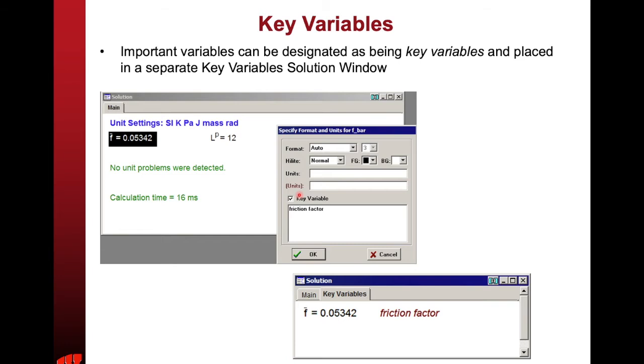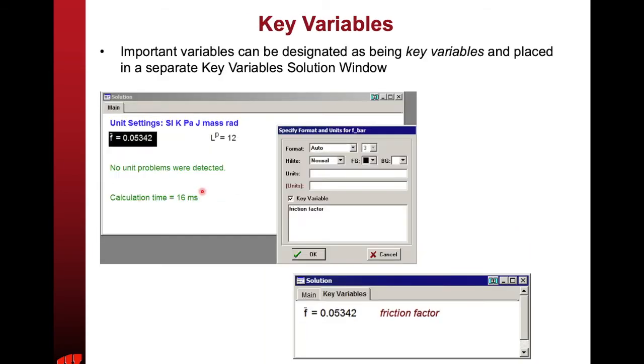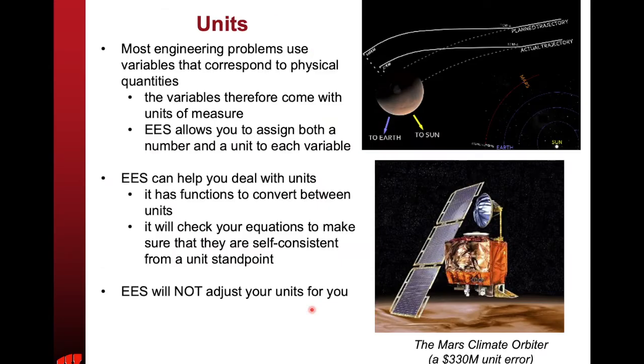This is one of the key things I'm trying to find. I don't necessarily care what the diameter of the pipe was or what these constants are. I just want to know what f is. So I say f is a key variable, and then there's a second window in the solution window. There's the main one that has all the solutions, and then the key variables window, which just lists the ones I'm most interested in.